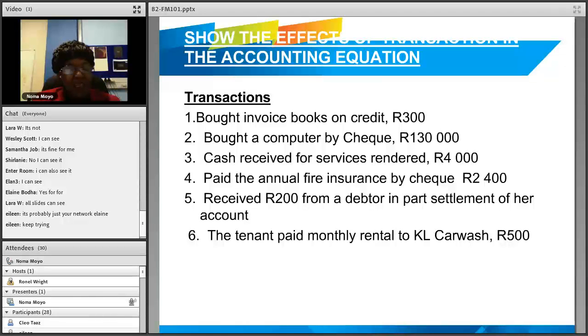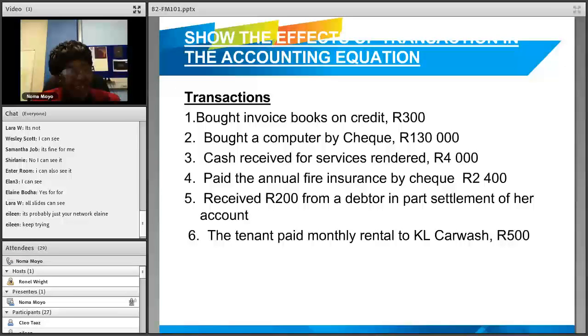Then number five, received 200 from a debtor in part settlement to her account. We all know what a debtor is. A debtor is somebody who owes the business. Debtors are sometimes referred to as trade receivables or accounts receivable. Debtors are current assets. If they pay, it means that the money at the bank will go up.